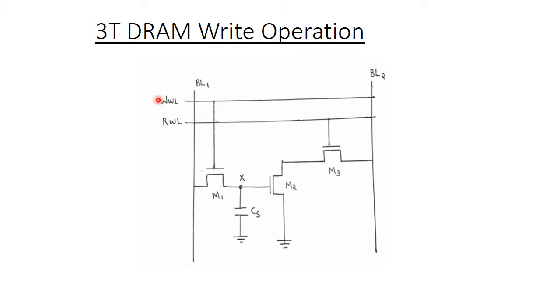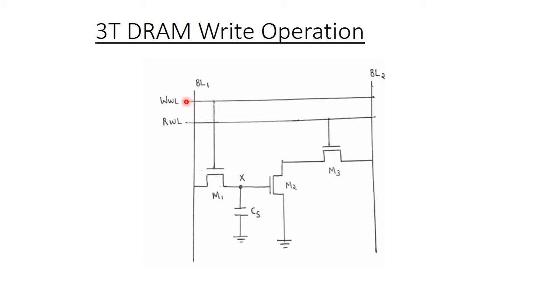So during the write operation we are going to use the WWL, that is the write word line, and bit line 1. Why are we using bit line 1? Because the write word line is connected to the transistor M1, and this transistor M1 is further connected to BL1 rather than BL2.